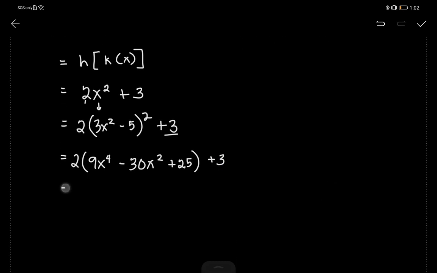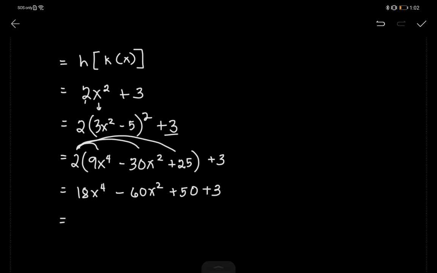Then distribute the 2. 2 times 9x to the 4th power is 18x to the 4th power. Then 2 times 30x squared is negative 60x squared. Then 2 times 25 is positive 50, plus the 3.